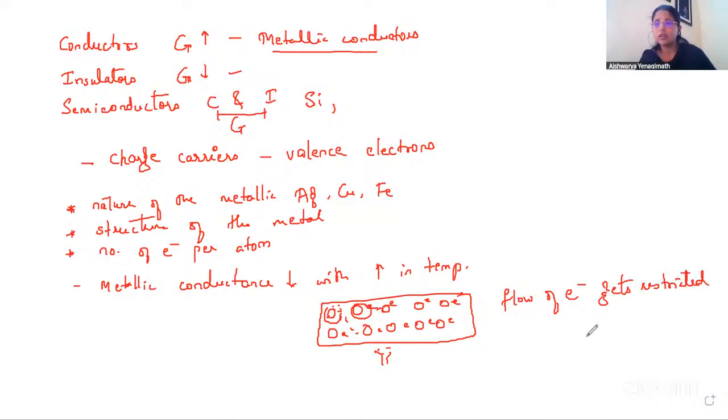If the flow of electrons gets restricted, will there be any current? There will be no current, or rather, current will decrease because the flow of electrons is restricted. Therefore, we say metallic conductance decreases with increase in temperature.